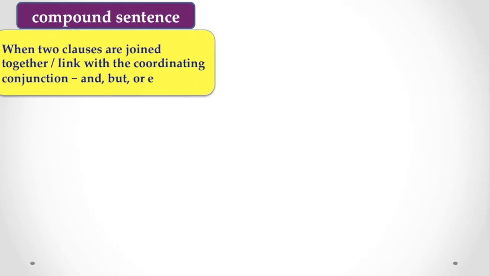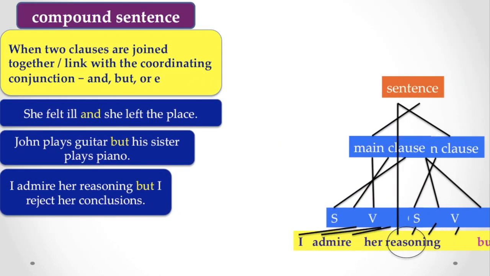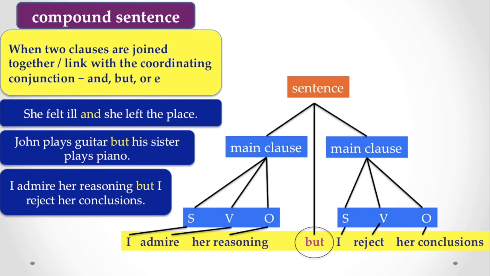Now, this is another example and diagram that can help you understand it more clearly. She fell ill and she left the place. Here you find she fell ill, which is a separate main clause, and she left the place, which is another main clause. We joined them with the linking word and. John plays guitar, but his sister plays piano. Here also you find two main clauses joined with the linking word but.